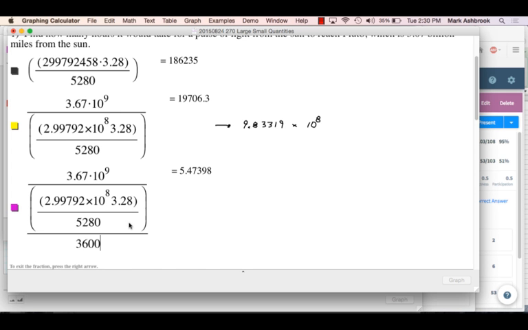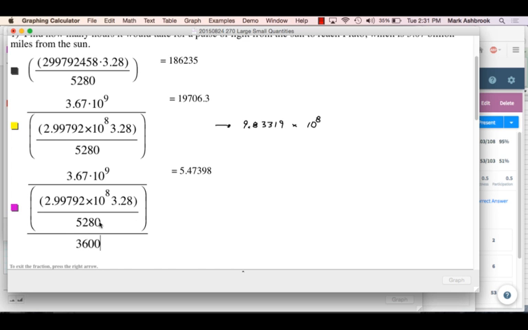And this is a certain number of miles. How many of these miles would fit into that number of miles between Pluto and the Sun? That's going to be the same as the number of seconds, because this is the number of miles that corresponds to 1 second of travel, right?